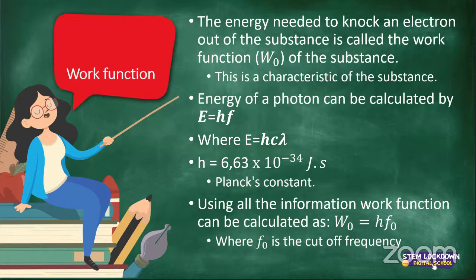So you need to be able to define work function. And we're going to get to an example where you should be able to calculate it. So if they ask you to calculate work function specifically, the formula for that is capital W naught equals h, which is Planck's constant, times the cutoff frequency.